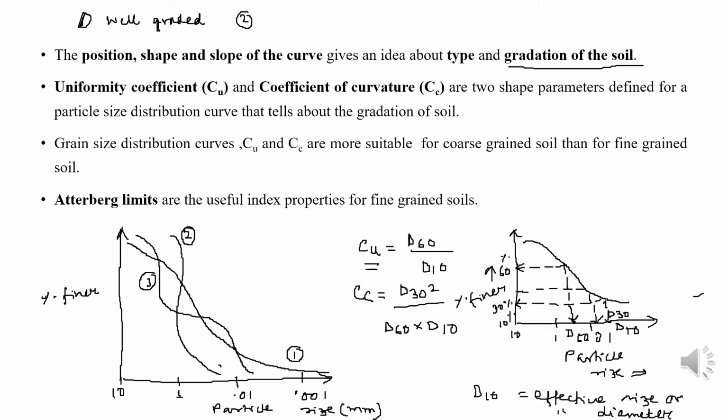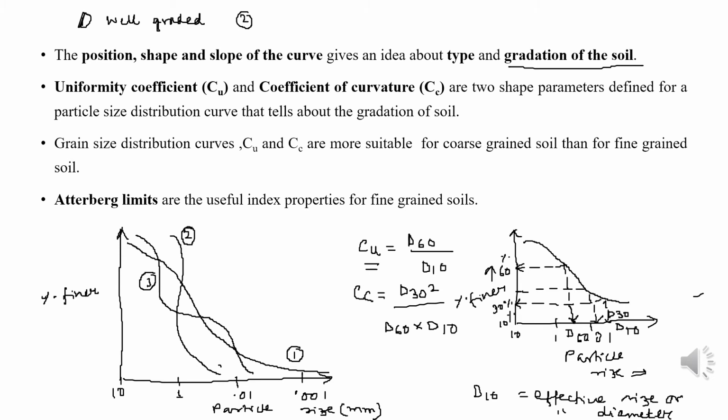We see that curve 2 is mostly confined to a very narrow area under the curve, right? So we see that it only considers a very small range of particles. Thus we can say the soil represented by 2 here is a poorly graded soil, or a uniformly graded soil.